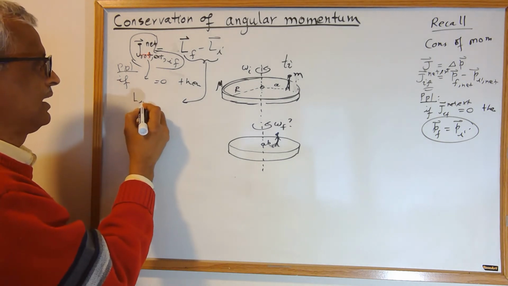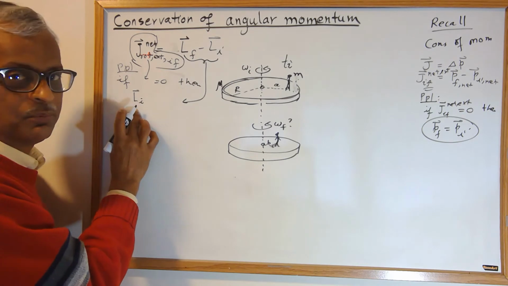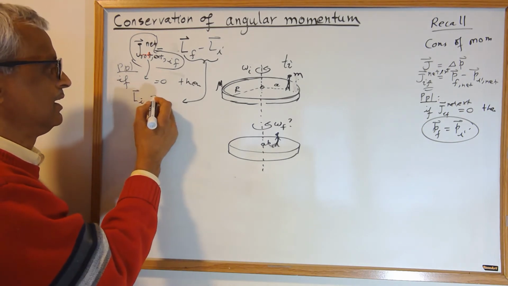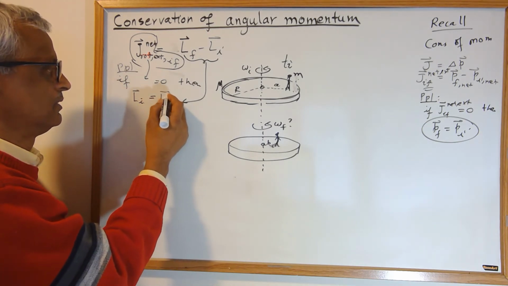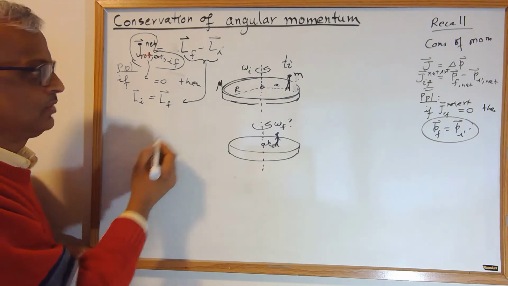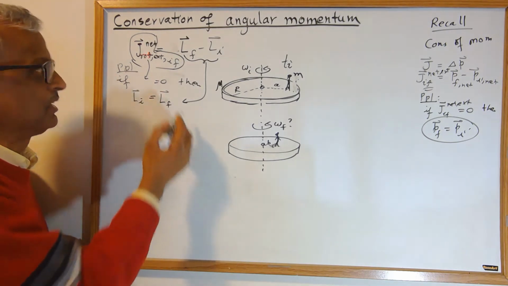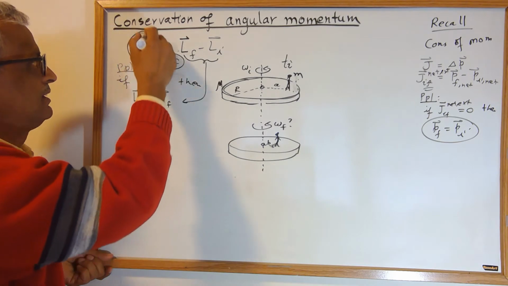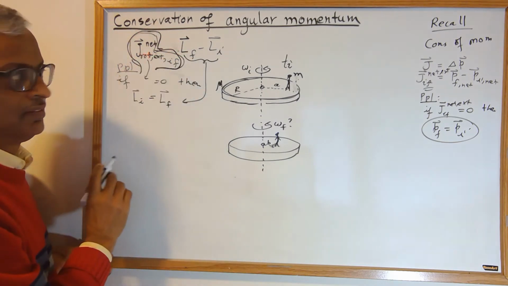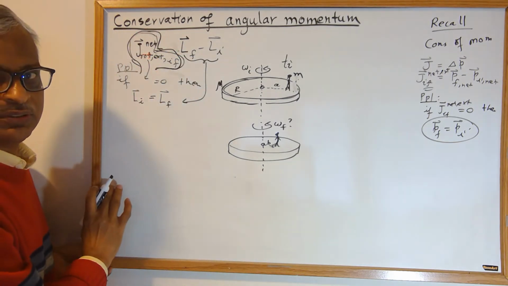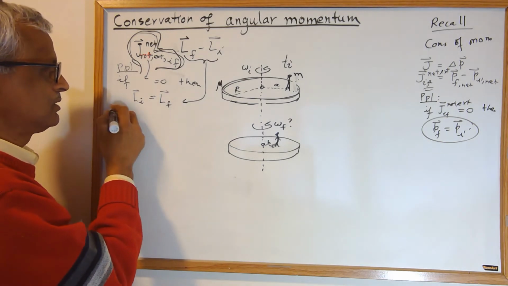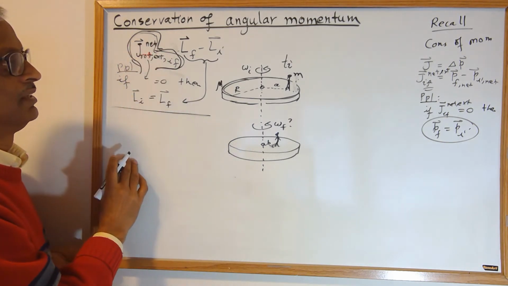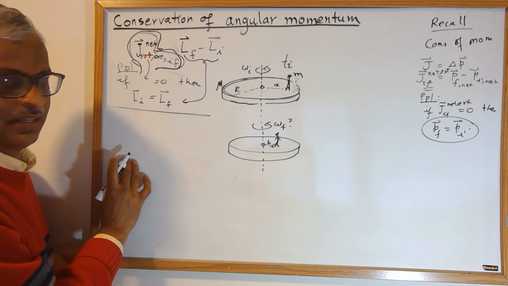Then the right side says Li, whatever angular momentum I had initially, is equal to Lf. So I don't need to worry about what happened in between, because I took care of that by making this be true. And so this is the principle of conservation of angular momentum.